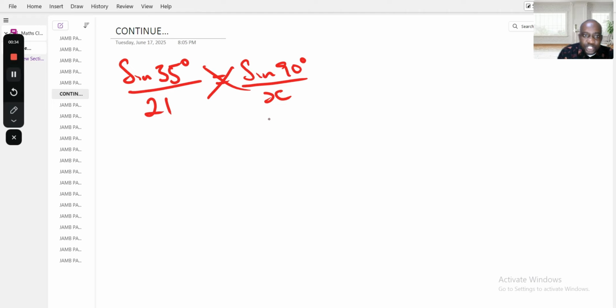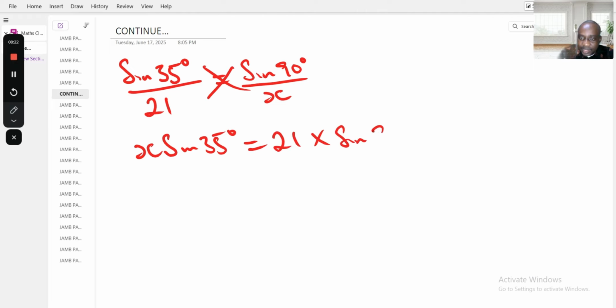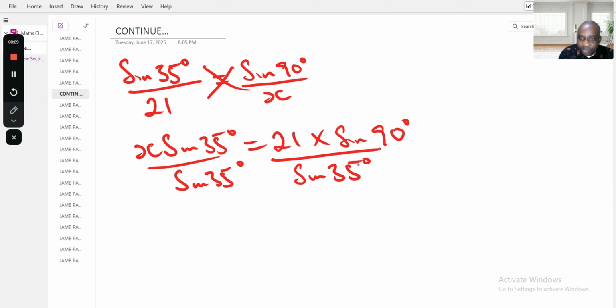Sine 35 multiplied by y is going to give us 21 multiplied by sine 90 degrees. Now divide both sides by sine 35. Sine 35 divided by sine 35 cancels, so we have only y here.